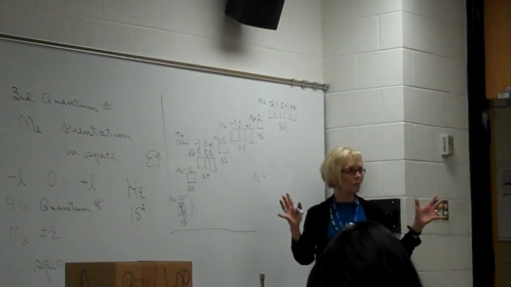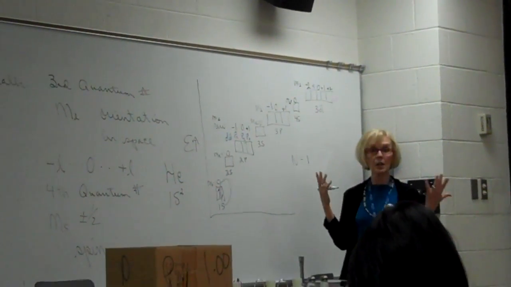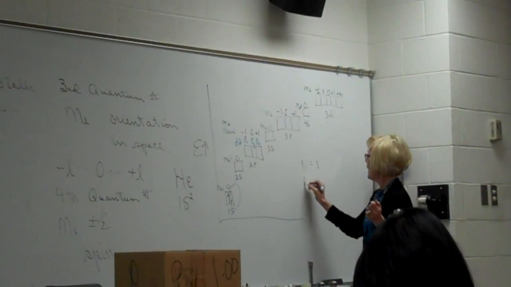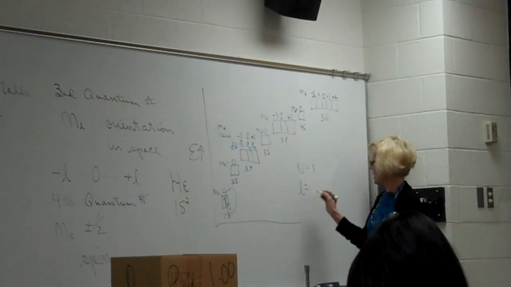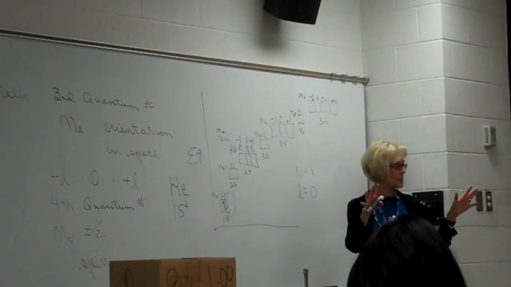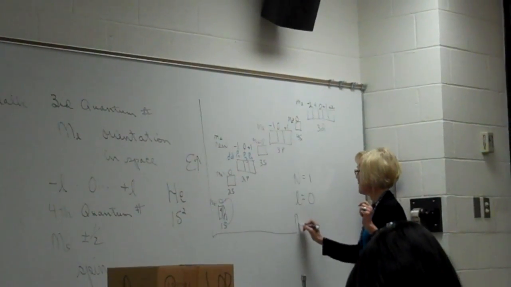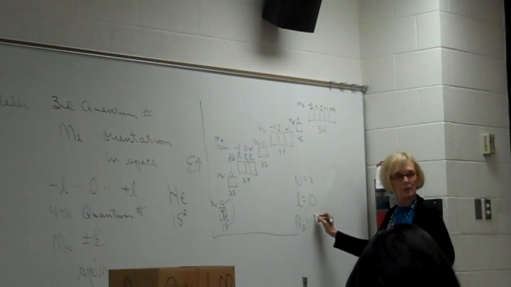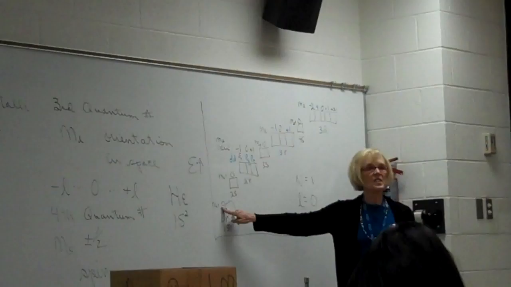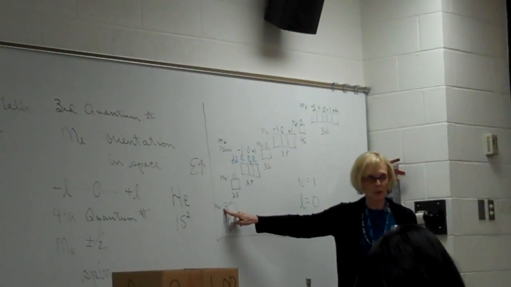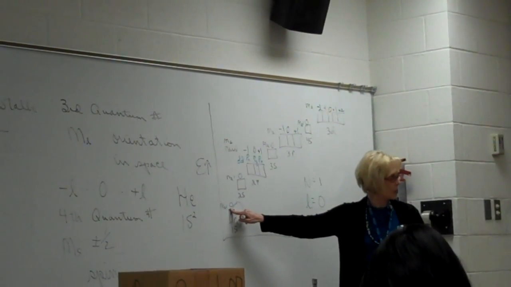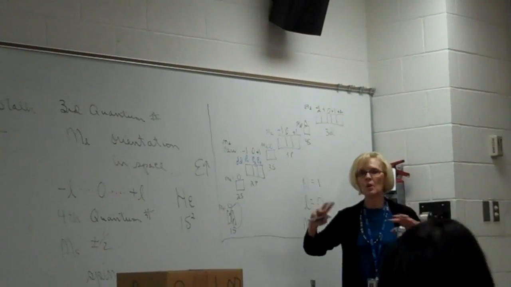N is 1, because we're still on the first major energy level. L is 0, because we're still in an S sublevel. M sub L is 0, because it's always 0, because there's not but one orientation in space. So they just say no other changes.